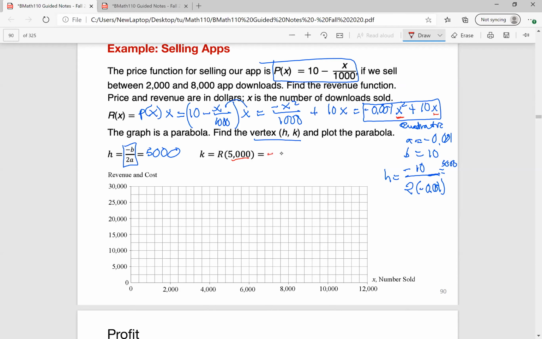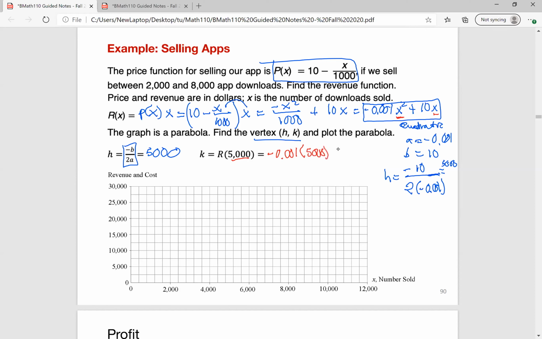You have negative 0.001 times 5,000 squared plus 10 times 5,000. Use a calculator, and you're going to have k equal to 25,000.